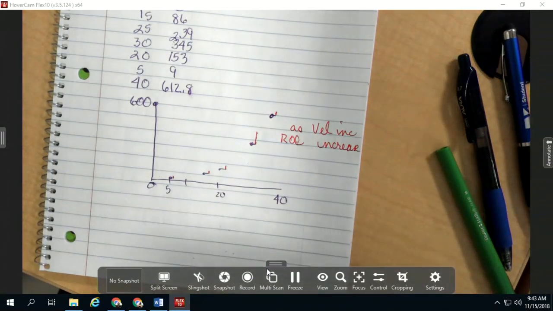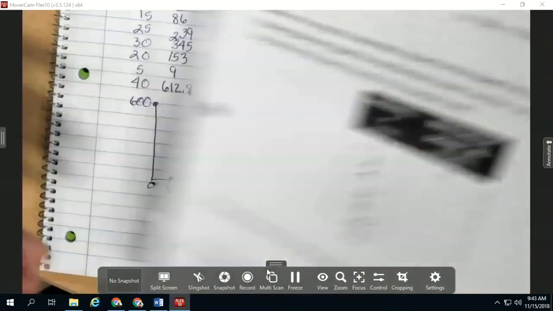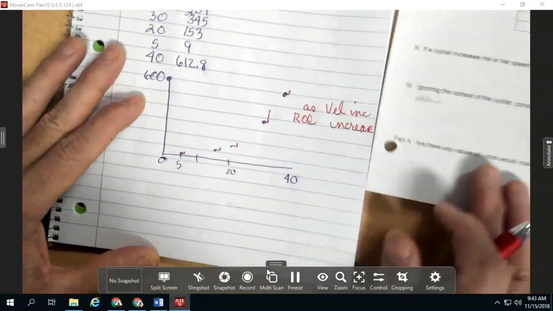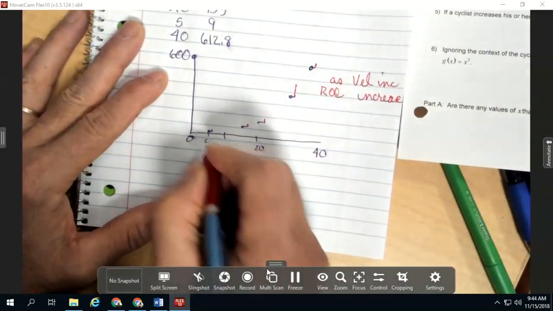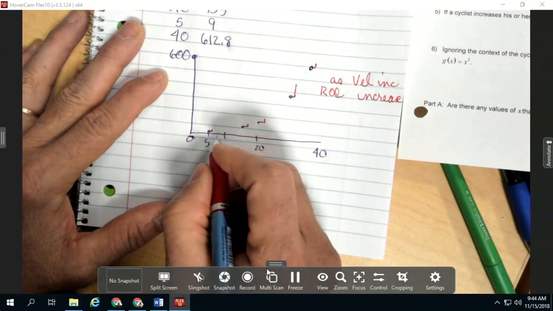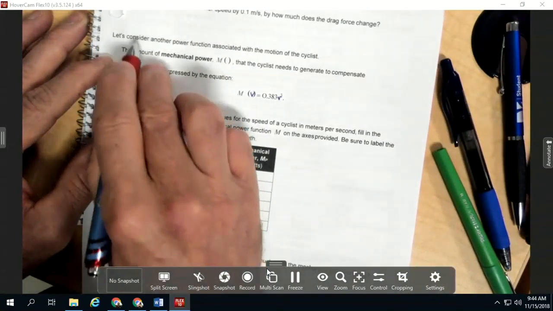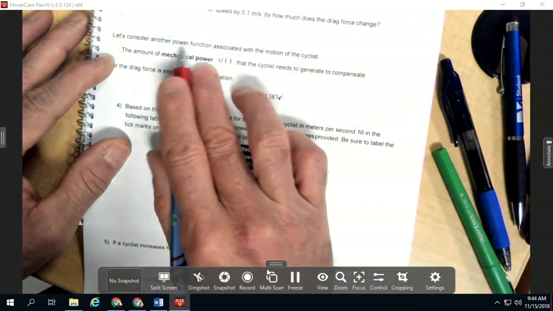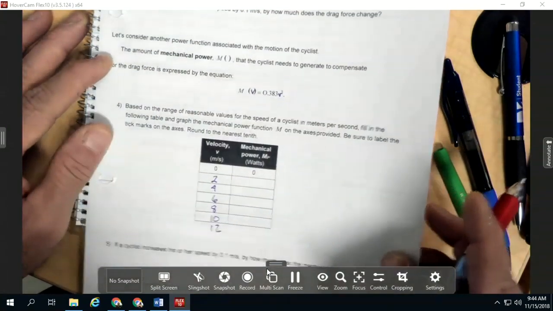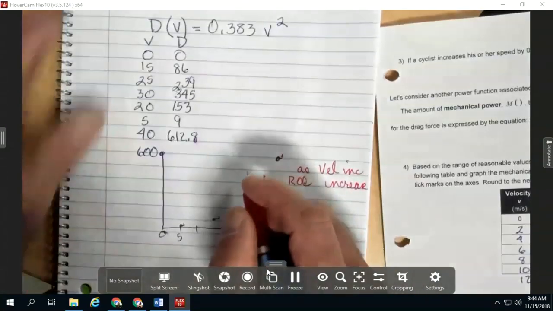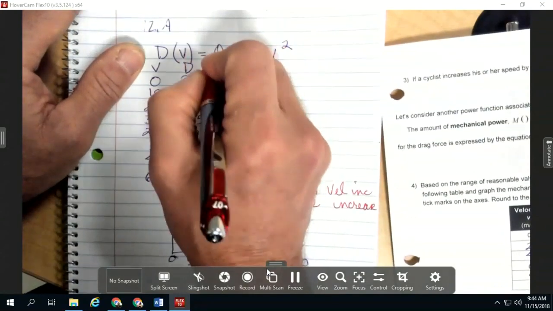Part A. Are there any values for which the, oh no, we're not there yet. We're up here. Then it says, let's consider another power function associated with the motion of the cyclist, and that is the mechanical power.